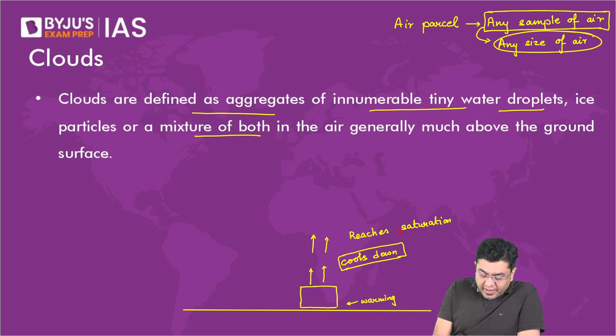So if it rises any further, it will cool down significantly, right? As it rises up, it will cool down again significantly. So when it cools down beyond the point of saturation, what will happen? Condensation will happen. Condensation will always happen around certain particles.